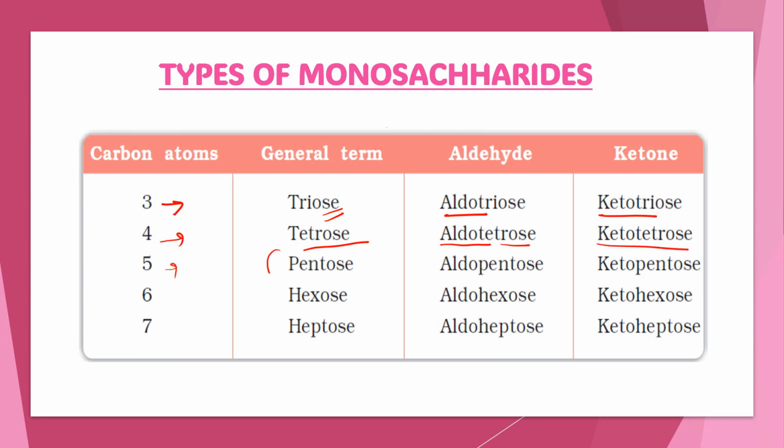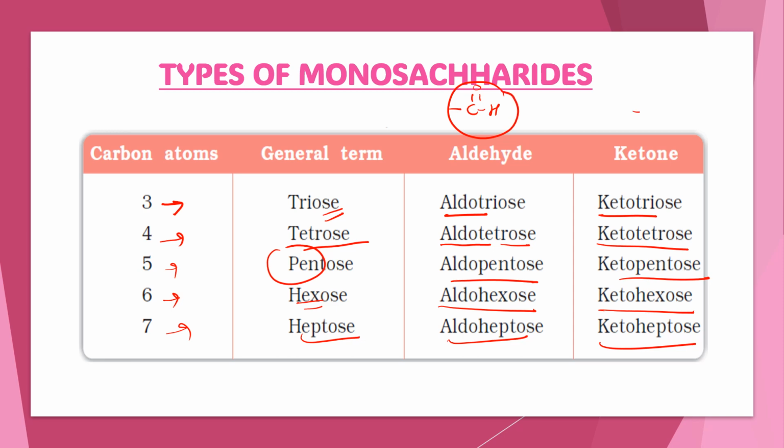If 5, it is pentose, so aldopentose and ketopentose. 6 is hexose, so aldohexose or ketohexose. 7 is heptose, so aldoheptose or ketoheptose, depending on whether the aldehyde group, C double bond O H, or the keto group is present in the molecule. So this is all about monosaccharides.